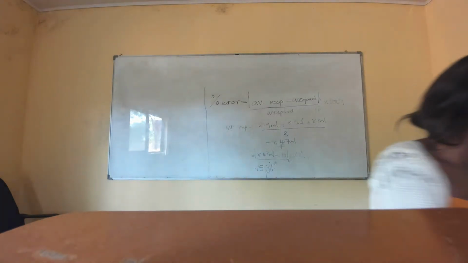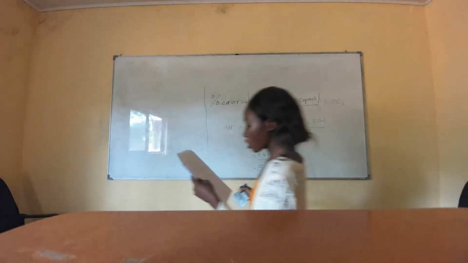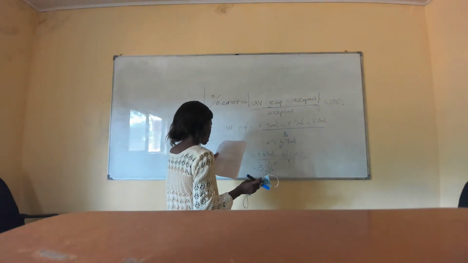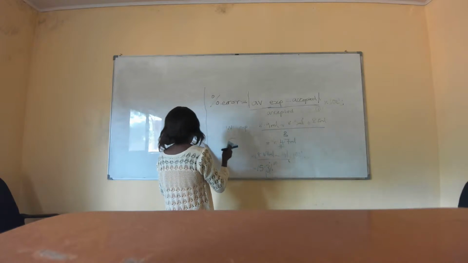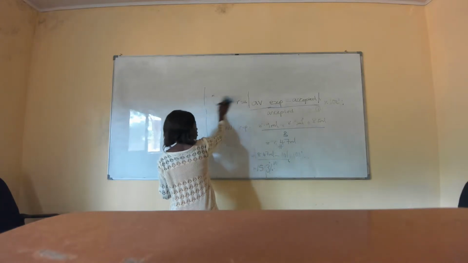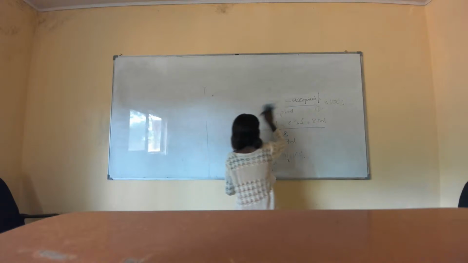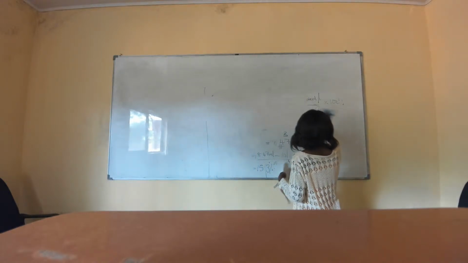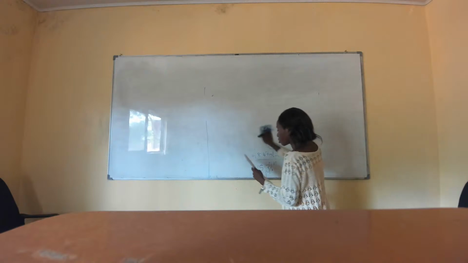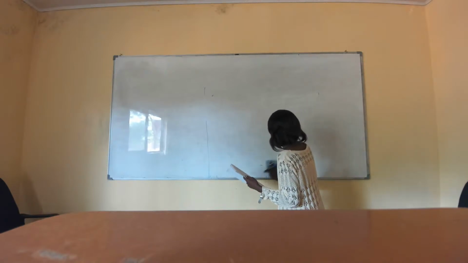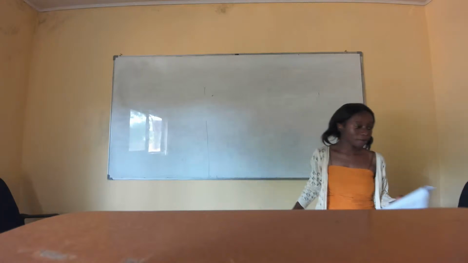For question 2, we're supposed to convert the following temperatures to Kelvin. So we're supposed to move from Fahrenheit to Kelvin. We know we can't move from Fahrenheit to Kelvin directly. We're supposed to first convert it to degrees Celsius.